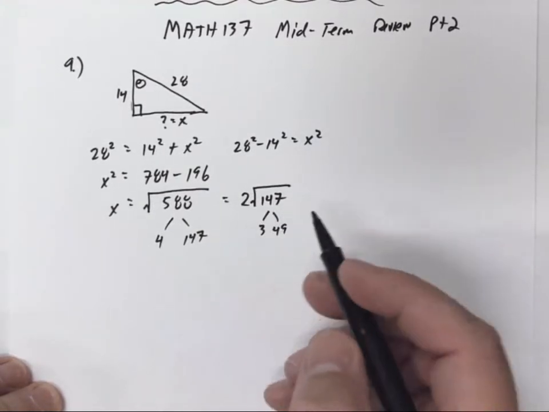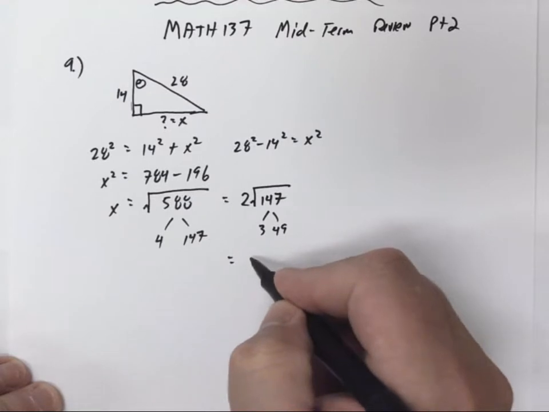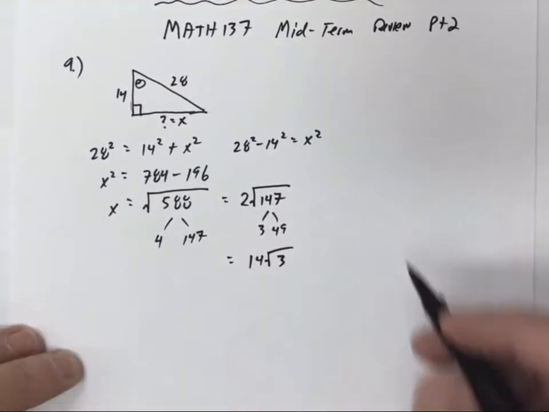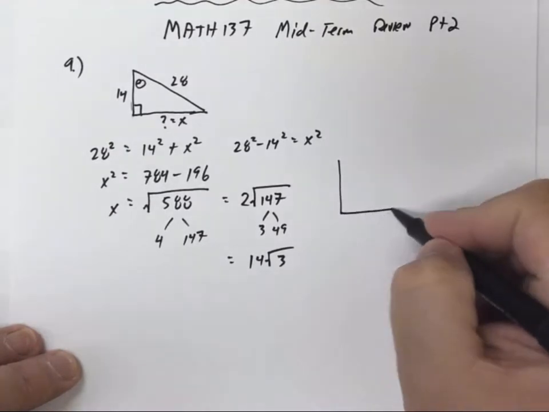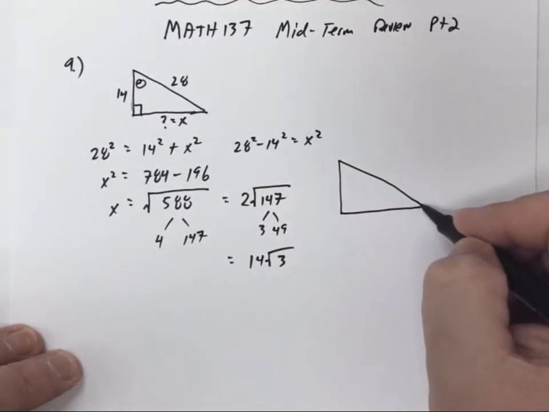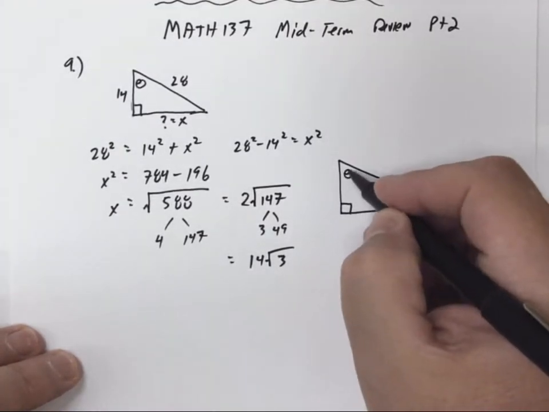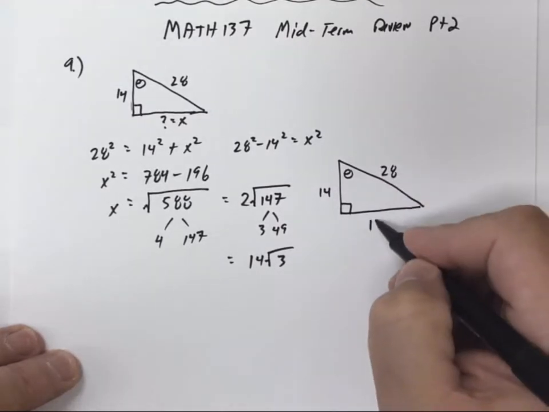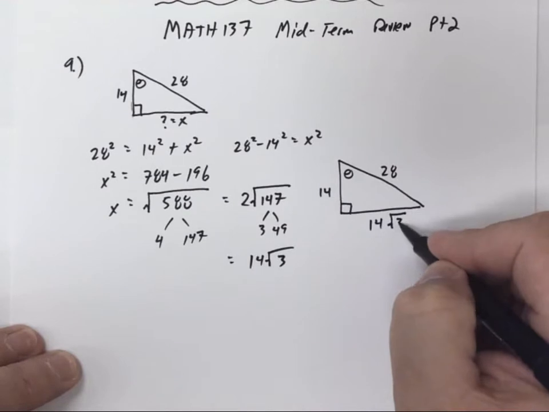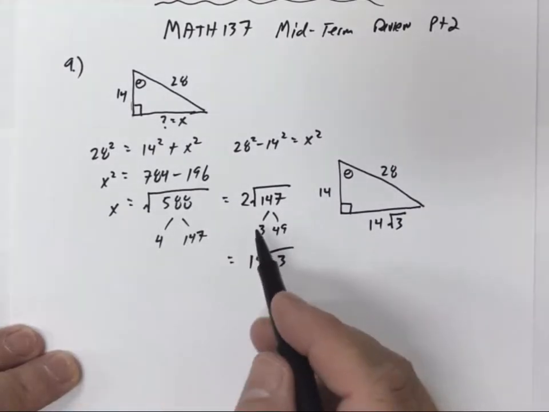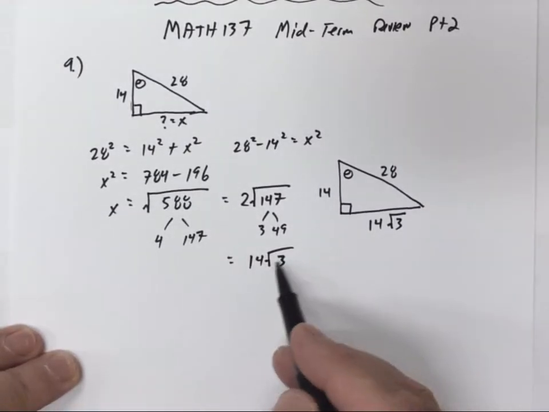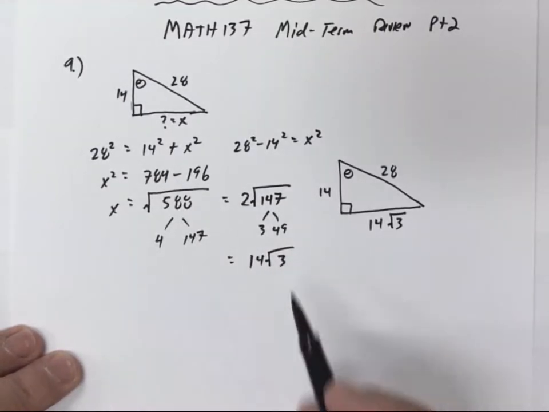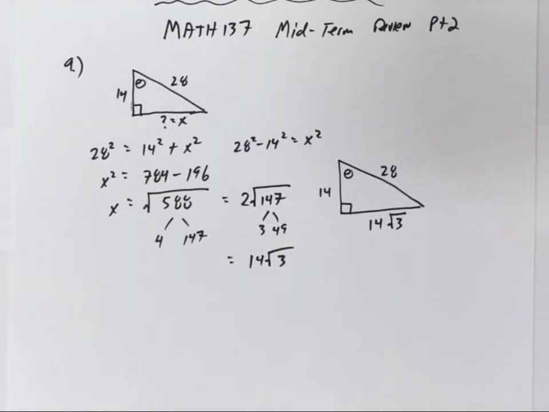The square root of 49 is 7. So a 7 comes out. So now, if I redraw this triangle, 14, 28. This is a little tricky. To get the correct answer, you need to simplify this square root into 14 times the square root of 3.